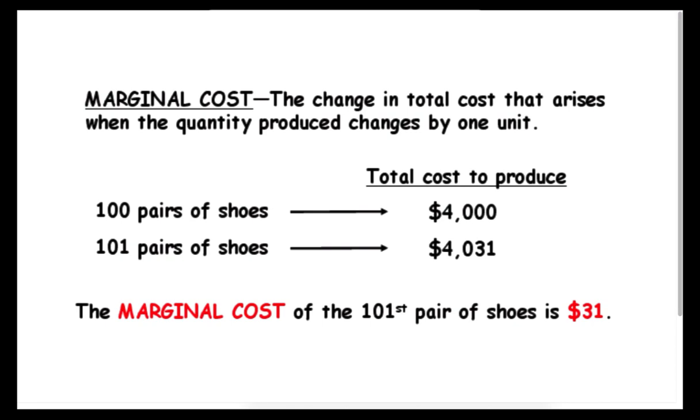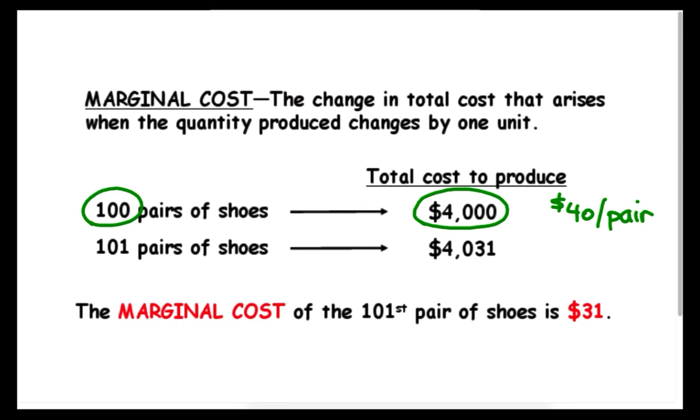You have your factory that you have to pay the rent on. You have to pay the utilities. You need water in the plant. You need electricity. Can't make shoes in the dark. Altogether, your total costs are $4,000. But you made 100 pairs of shoes, so each pair of shoes is going to cost you $40 to make.